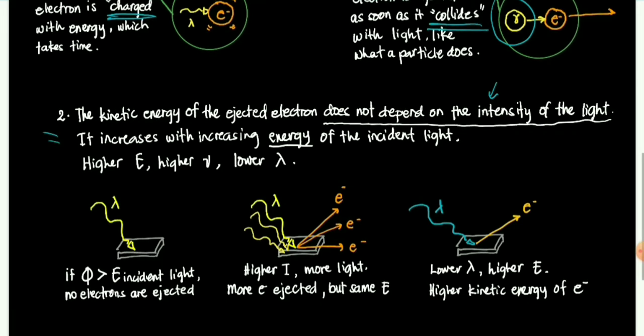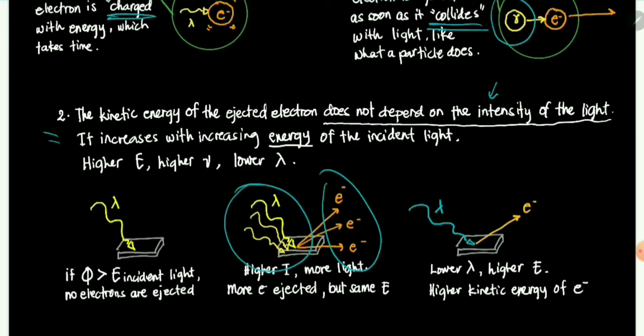So, the intensity will only introduce more light. Okay? So, marami kang light waves or marami kang light particles, pero kung hindi enough yung momentum nila para mag-expel ka ng electron, okay, hindi pa rin mangyayari yung photoelectric effect or hindi pa rin ma-expel yung mga electrons or wala kang enough energy to remove the electrons from your metal.